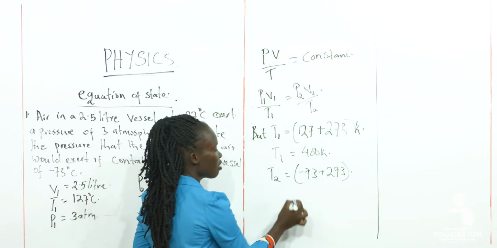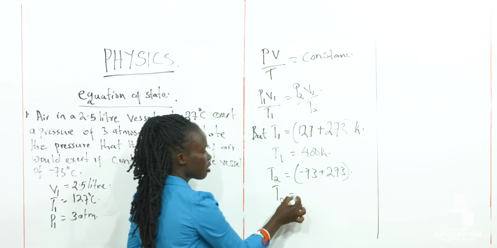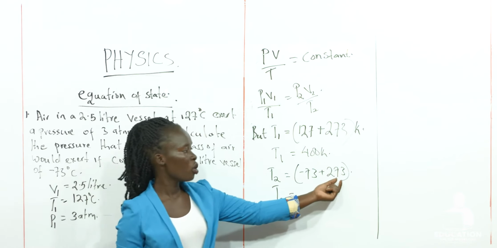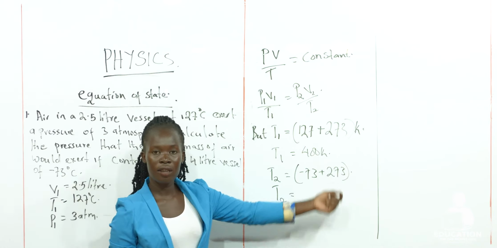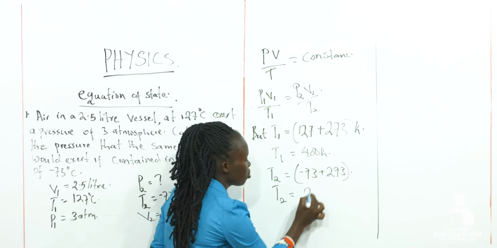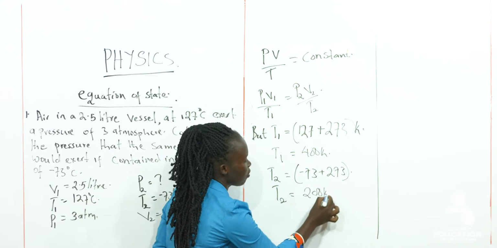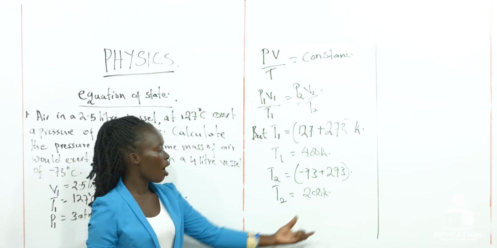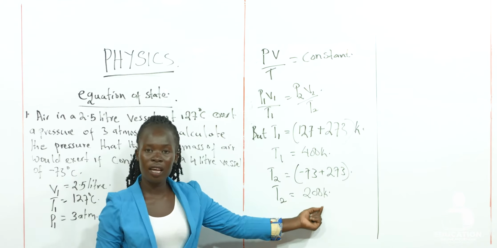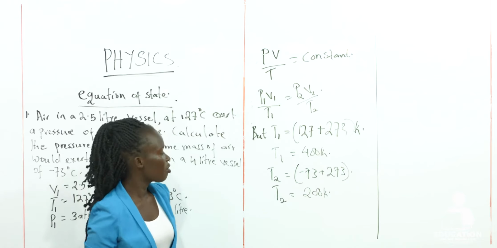So it is more or less like subtracting 73 from 273. This will give us 200 Kelvin. Now we have converted it to the standard temperature unit scale.